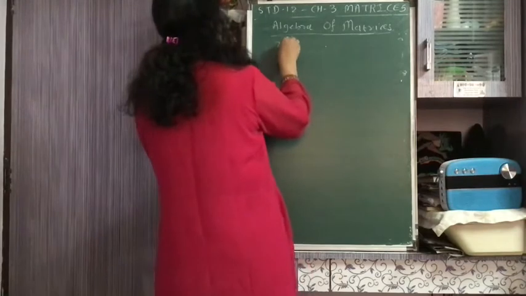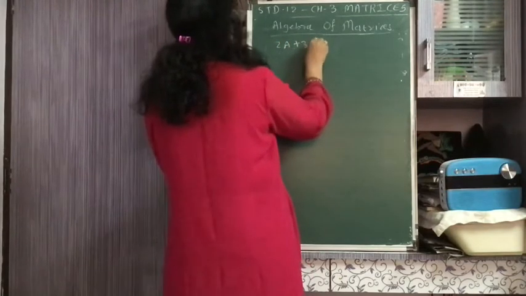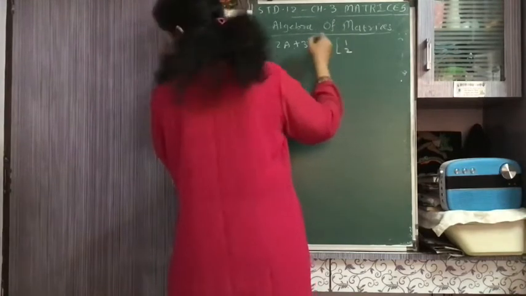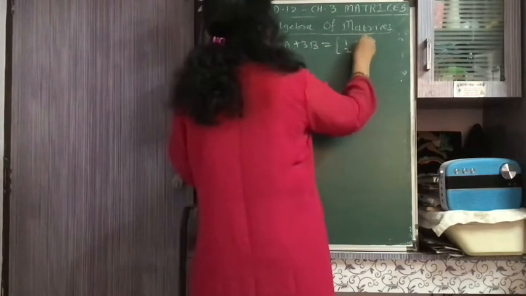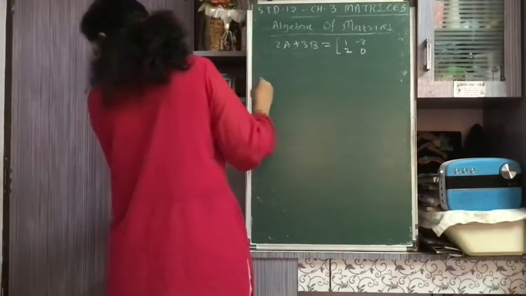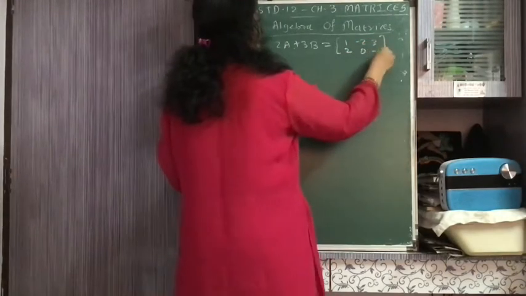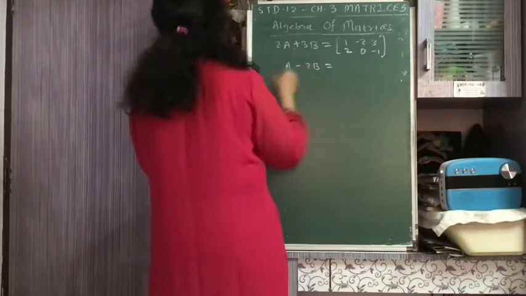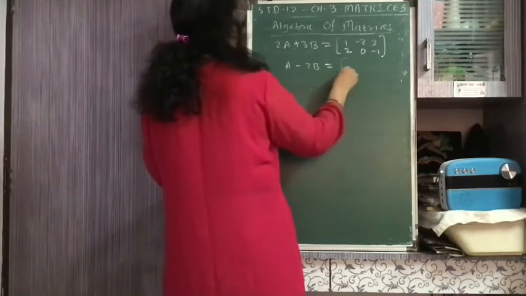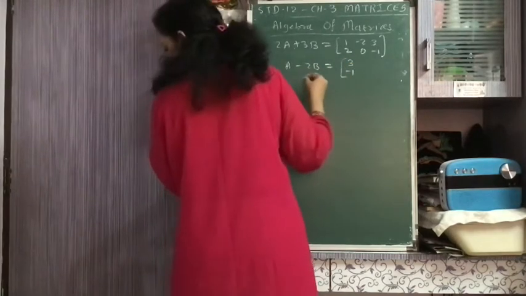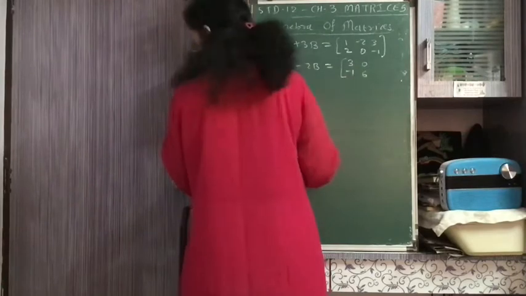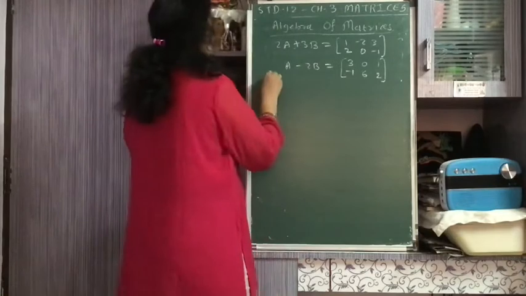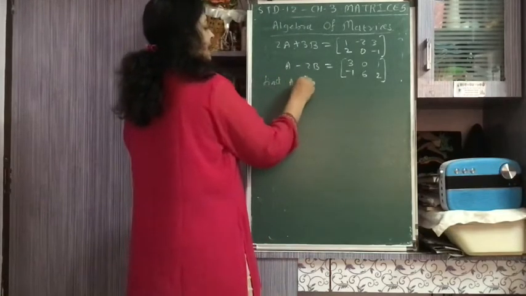If A and B are matrices of the same order such that 2A plus 3B is equal to this, and A minus 2B is equal to this, then find the matrices A and B.